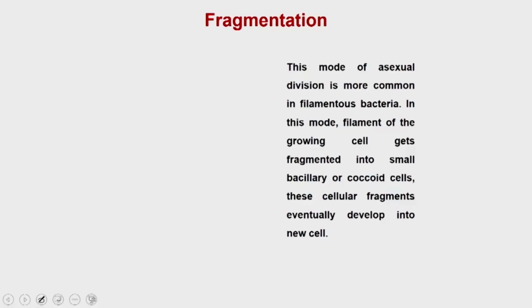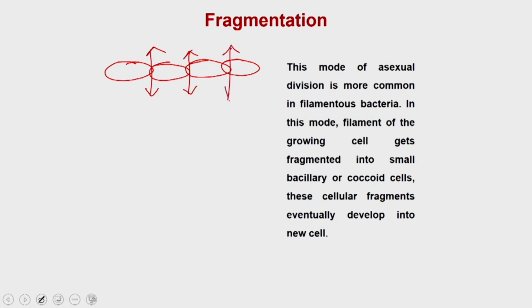So, you can imagine that you have a bacteria which is growing in the form of a filament, and then this filament is going to be broken down at multiple places.